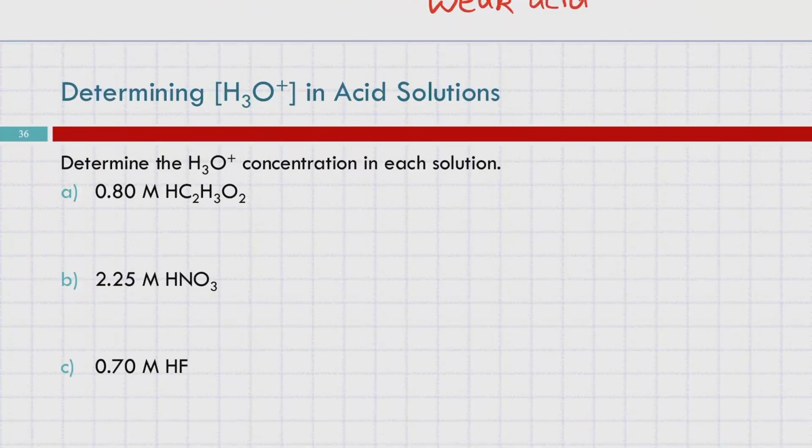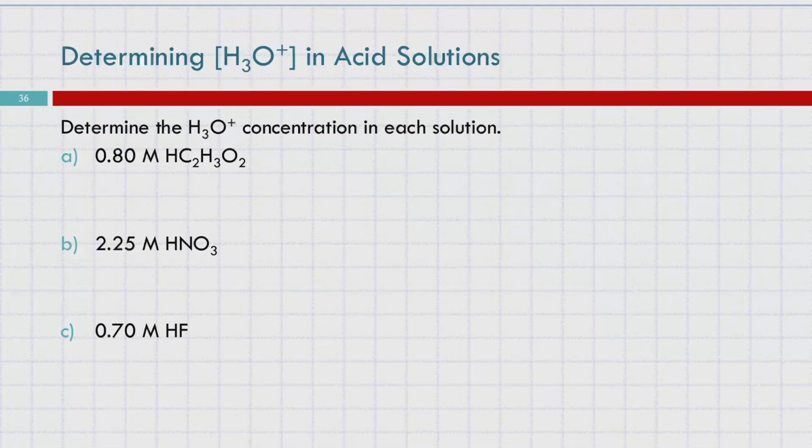Okay, we can also determine either exactly or vaguely the H3O plus hydronium concentration of different solutions of acids. The key for doing these types of problems is identifying, is the acid strong or weak?